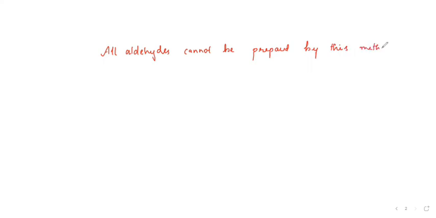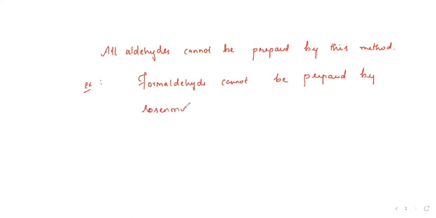We can't prepare all kinds of aldehydes by this method. Example: formaldehyde cannot be prepared. Why? What is the reason? That's very important. Formaldehyde cannot be prepared by Rosenmund reduction.